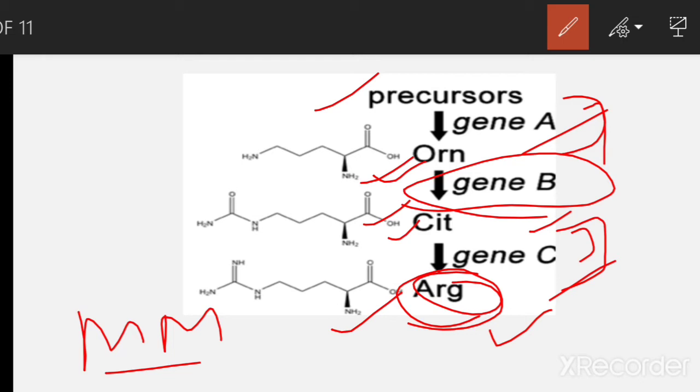So this is a complementary pathway because it consists of intermediate steps. So in any metabolite or in any biological process that consists of intermediate steps or intermediate metabolites, in a step of reaction that produces the end product, for example the arginine here, any mutation in a particular gene that takes part in the biosynthetic pathway inhibits the synthesis of the end product.